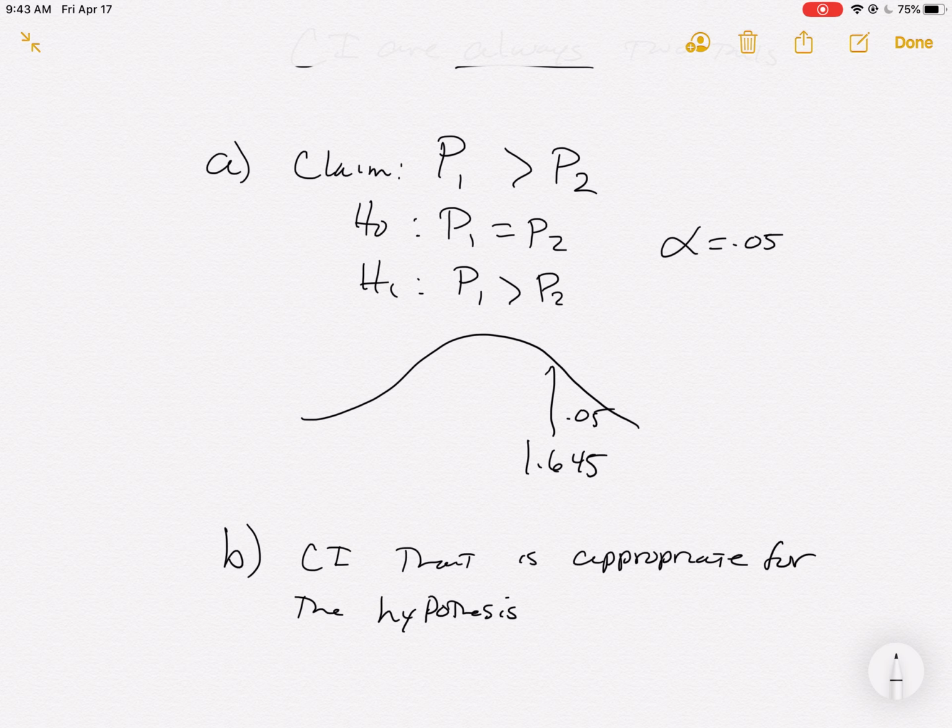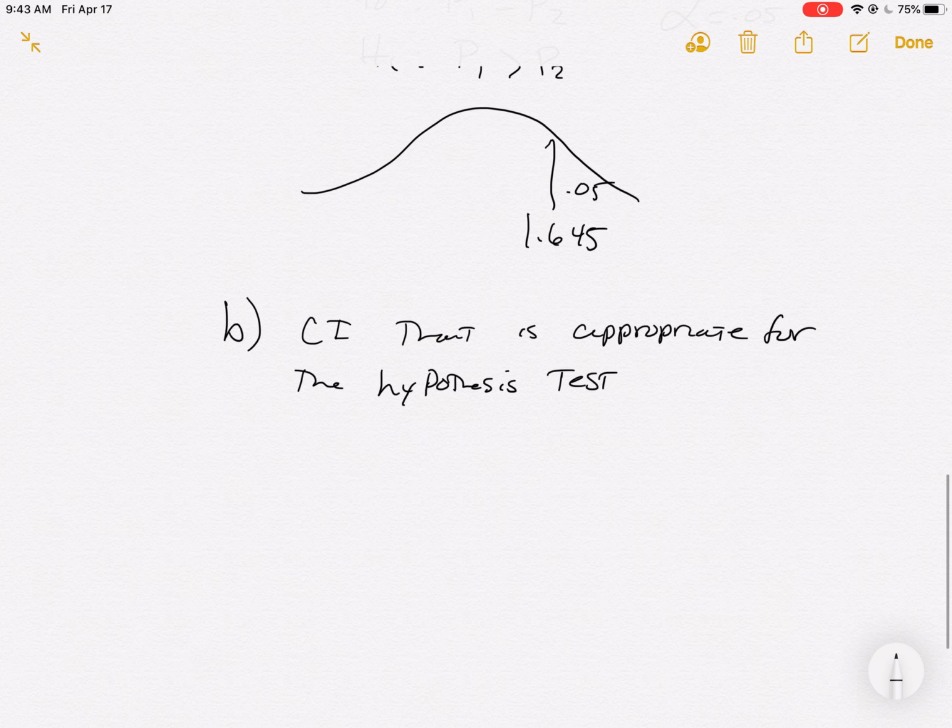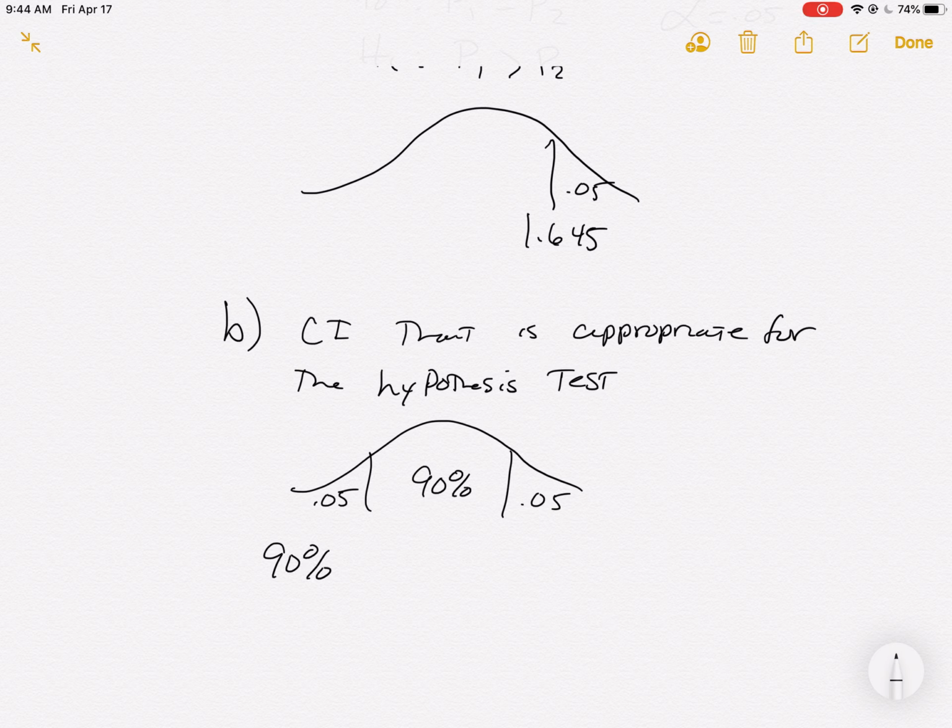Now, there's a reason why they want that worded that way. They want to make sure that you're using the exact same 1.645. And so remember, confidence intervals are two-tailed. And so if you have 0.05 here, then you have 0.05 here, and you're really dealing with the 90% confidence interval. So you're going to find the 90% confidence interval, and you're going to use the same 1.645 as your z alpha over 2 for that formula.